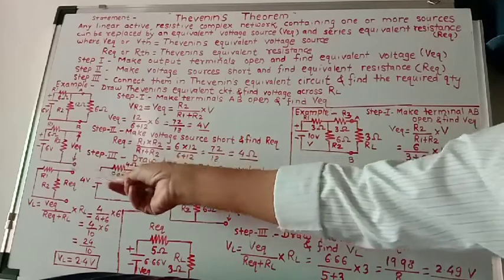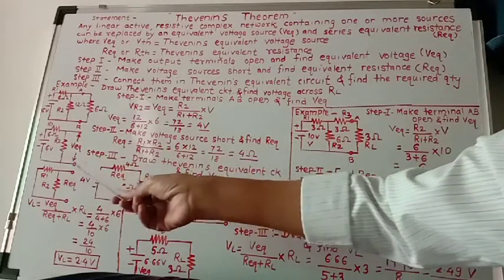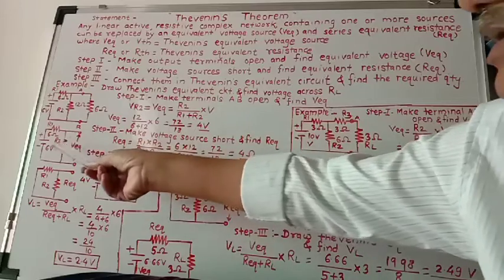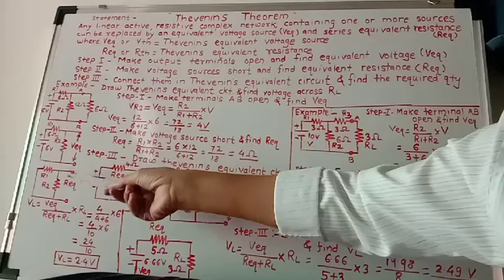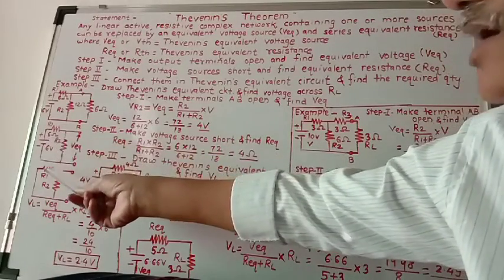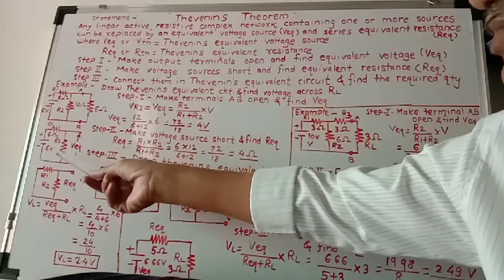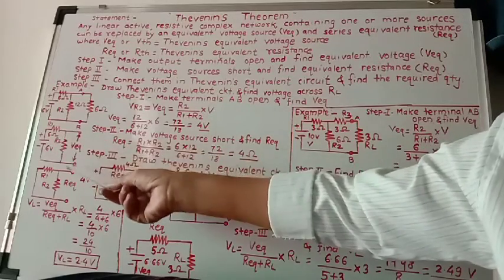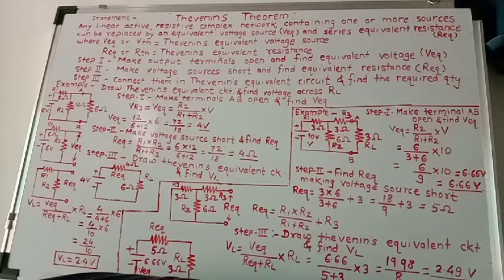Here R1 and R2 are in series, and we will get the voltage across R2 at the terminals A and B. So use the voltage divider formula.